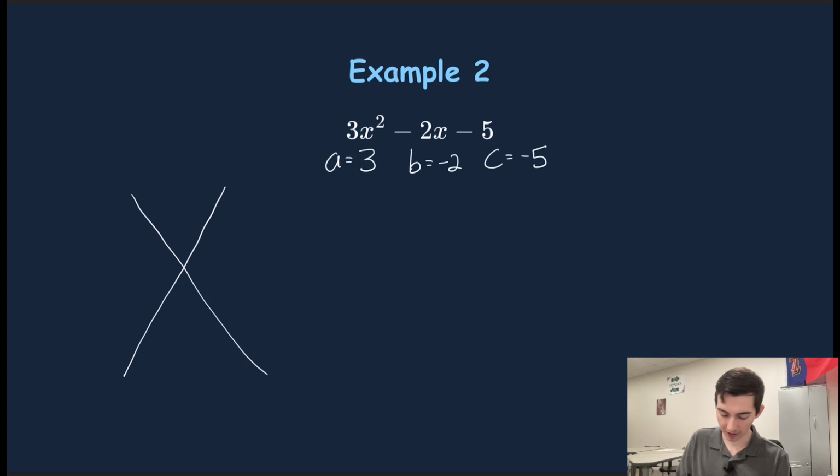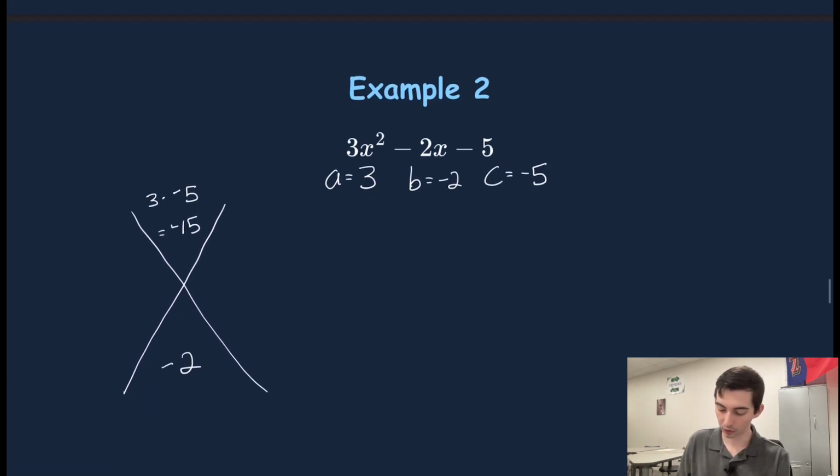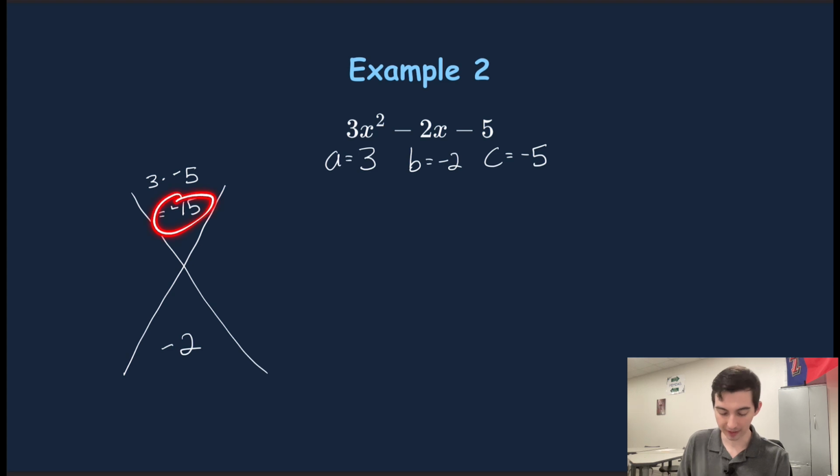So now let's set up our X method. And so we're going to multiply a times c. So 3 times negative 5 is going to get us negative 15. So that's going to be on top. That's what we're trying to multiply to. And then my b goes on bottom, which is negative 2. And so now let's think, what are two numbers that multiply to get us to negative 15 and add or subtract to get us to negative 2?